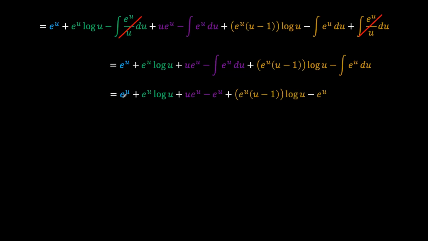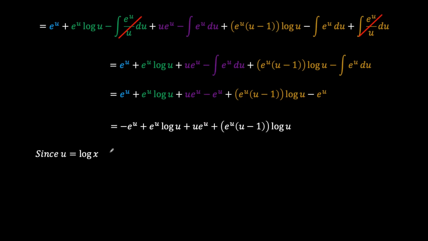So we have e to the power u here, minus e to the power u, minus e to the power u, that becomes minus. So 1 minus 1 minus 1 is the same as minus 1. So we have minus e to the power u plus e to the power u log u plus u times e to the power u plus e to the power u times u minus 1 times natural logarithm of u.